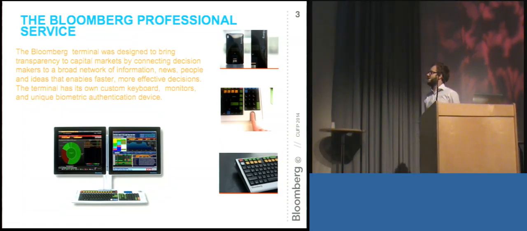Essentially, it gives about 300,000 users around the world access to financial data, news, analytics, big calculators that allow you to crunch a lot of numbers and give interesting results. Essentially, it enables everybody in the finance industry to make key decisions.